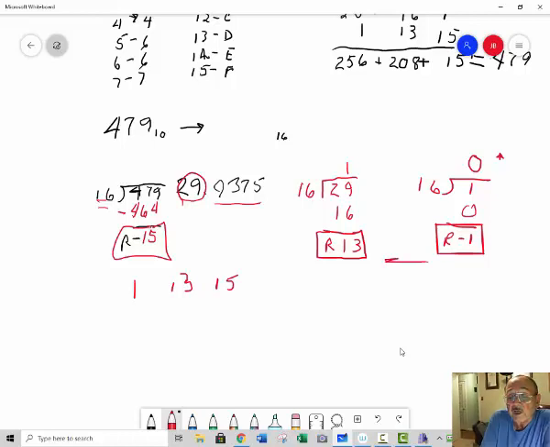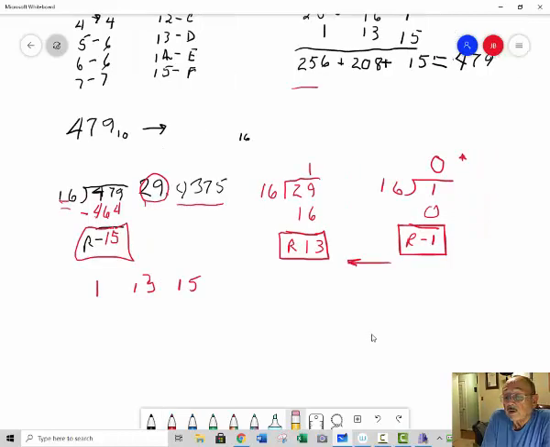Keep them in the order just like you found them here. 1, 13, 15. 1 corresponds with 1. 13 corresponds with D, and 15 corresponds with F. So our number 1DF base 16 is the 479 that we started with, which we already knew.